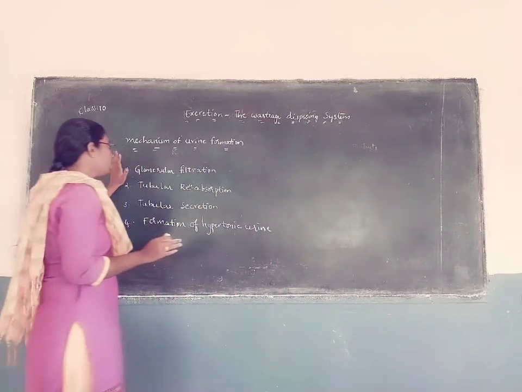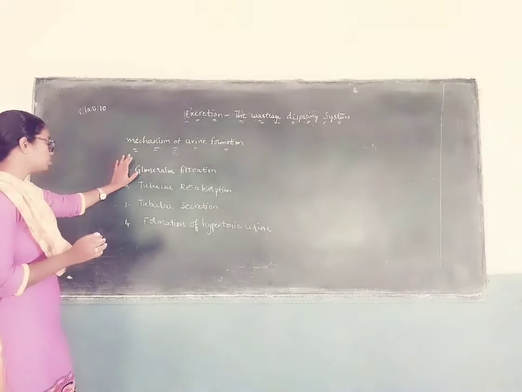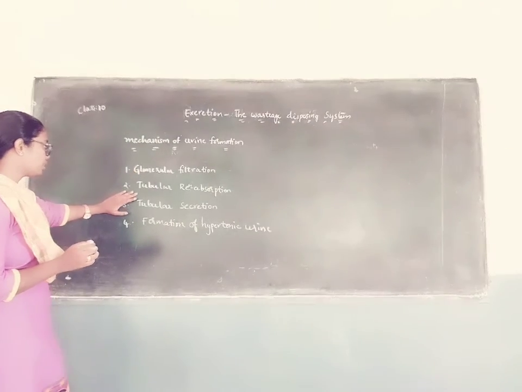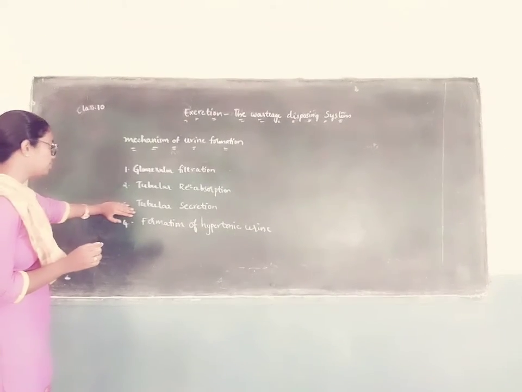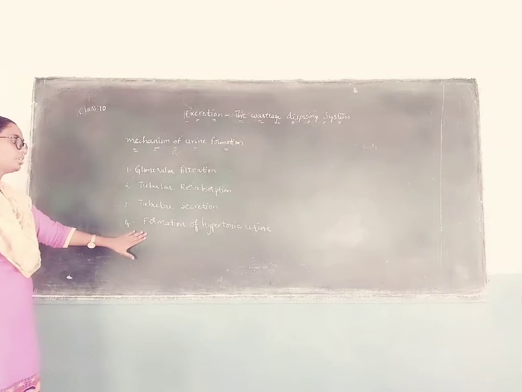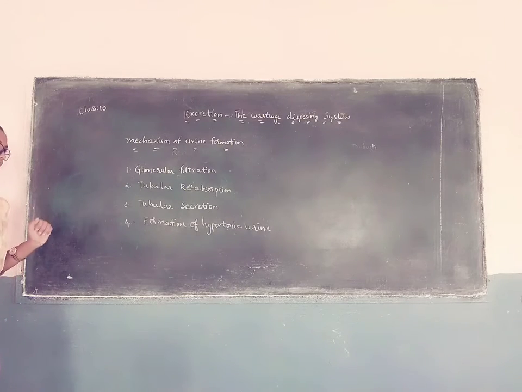First one is glomerular filtration. Next one, tubular reabsorption, and third one, tubular secretion. And the final one is formation of hypertonic urine.